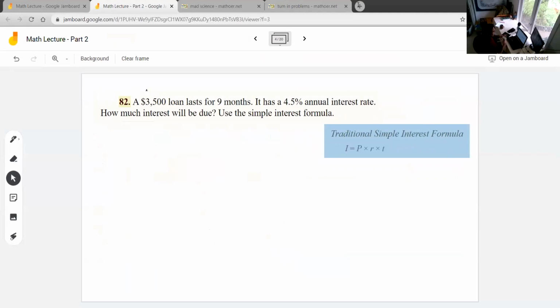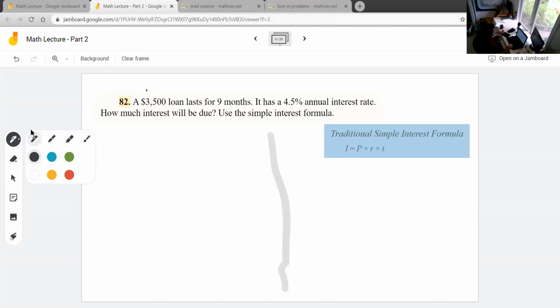So I'll do this 2 ways. I'm going to first do it the long way, and then I'll use the formula. You don't have to do both. I'm just doing both because I'm lecturing. Pick which works for you.